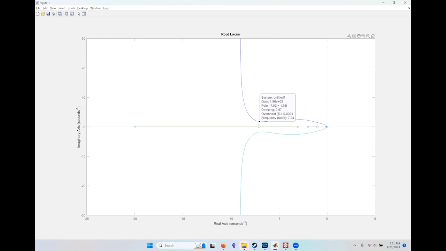If I select this gain such that the poles are here, beyond this gain the poles start to go up. As we go up, we know the damping gets less and the overshoot gets worse. You can see the damping coefficient getting less. So this is 1960.